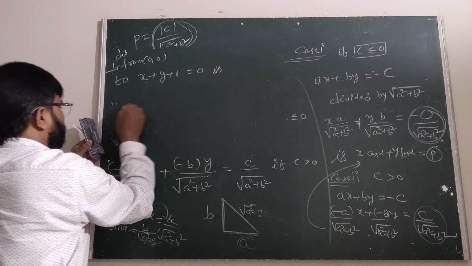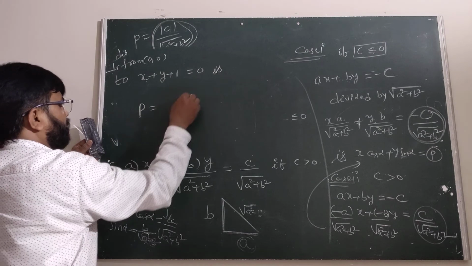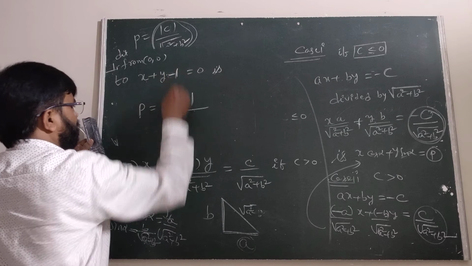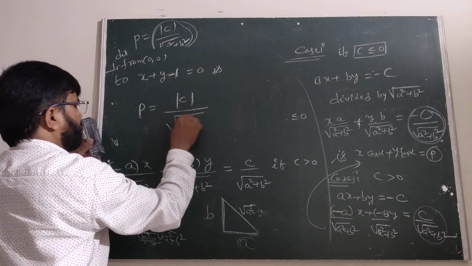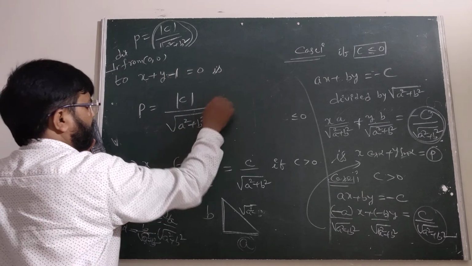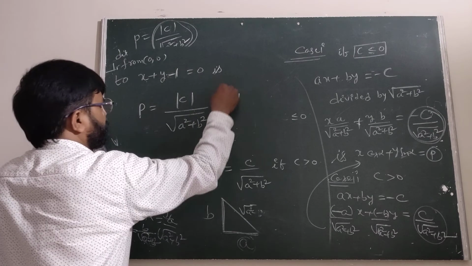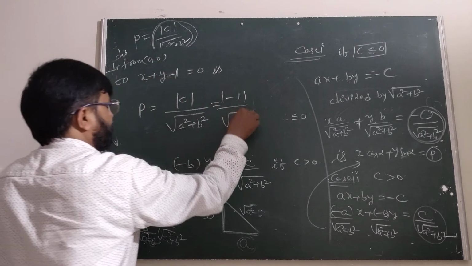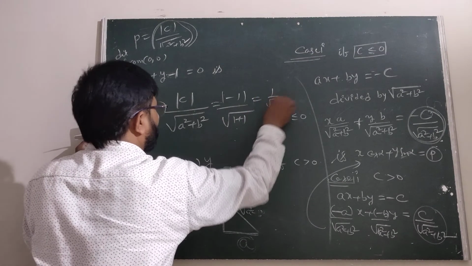Just now we found p equal to mod c by under root of a square plus b square. Here c is 1, and under root of a square plus b square is 1 plus 1. This is 1 by root 2.